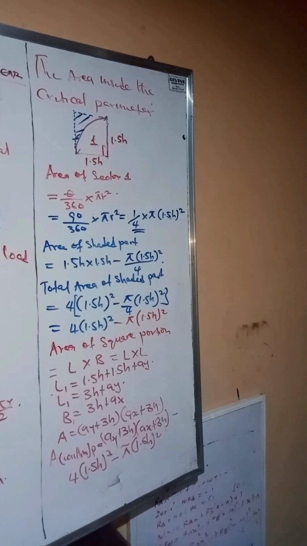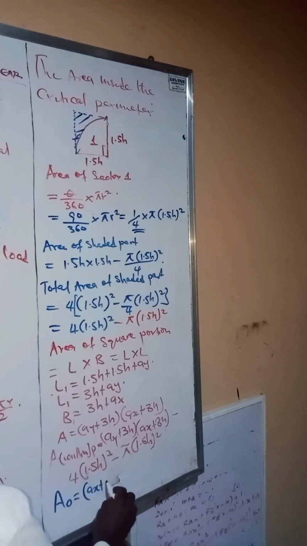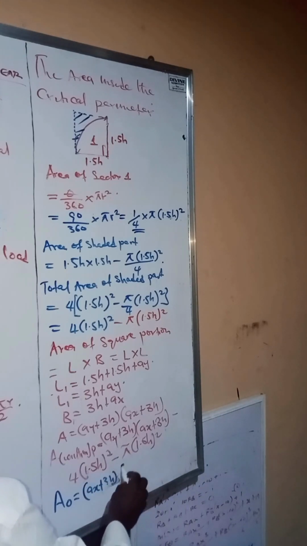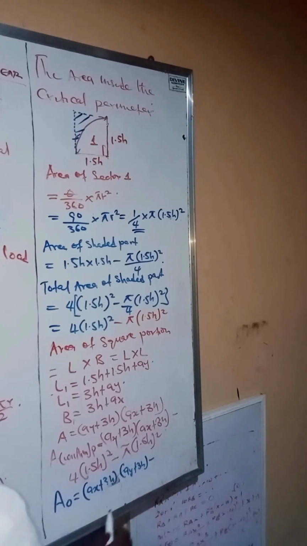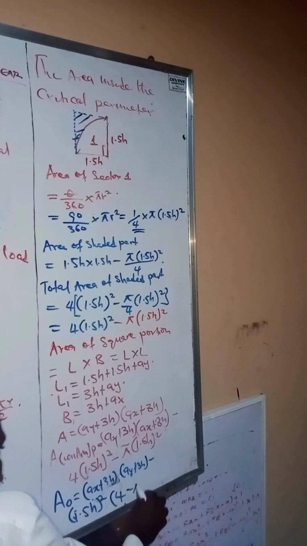Okay, so we can simplify that further. If we do the simplification, we can call that area outside the critical perimeter AX plus 3h, bracket AY plus 3h, minus, let's factorize out, we have 1.5h square, brackets, we have 4 minus pi.